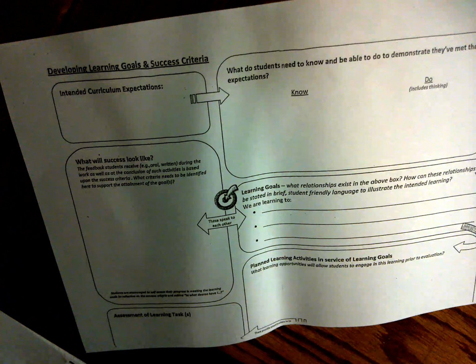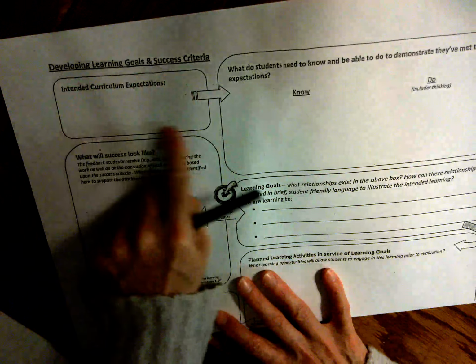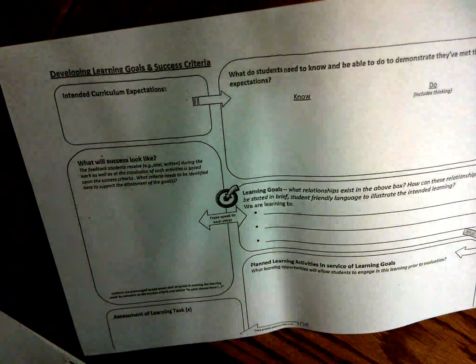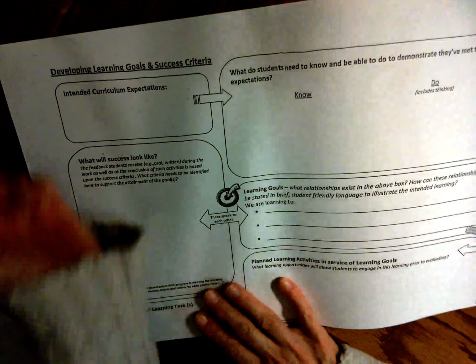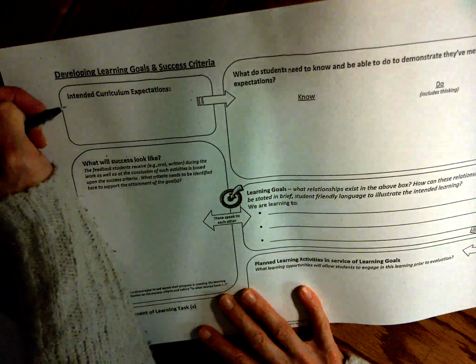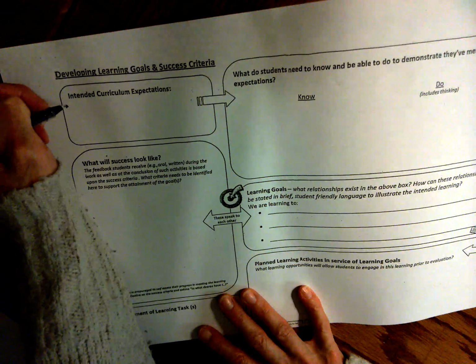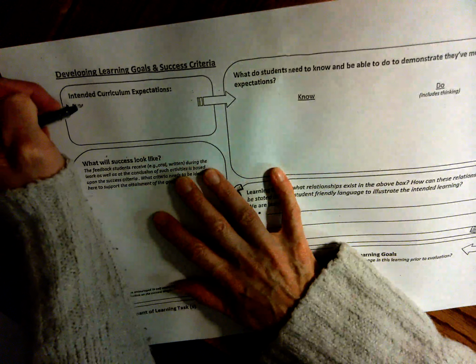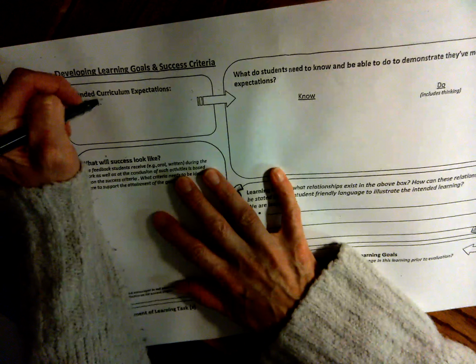In this section here is where we have our intended curriculum expectations. I have my curriculum here with me, but what I'm going to do is write it down almost verbatim, the pieces that I want to pull out and work on next. So one of the things is read and represent numbers to 50.